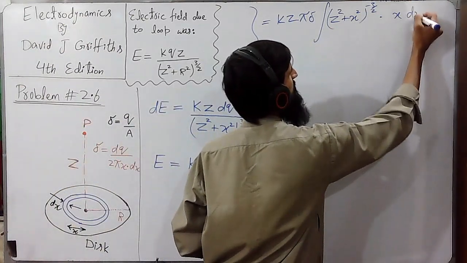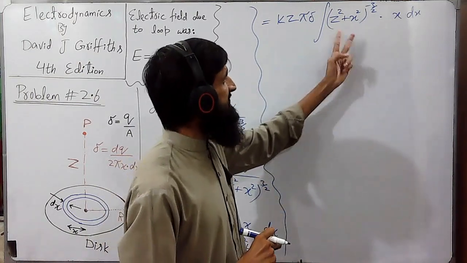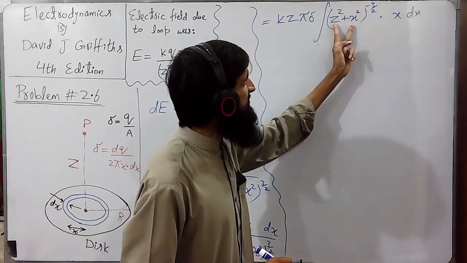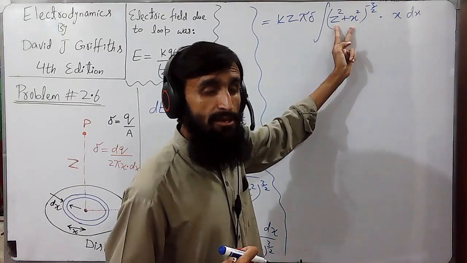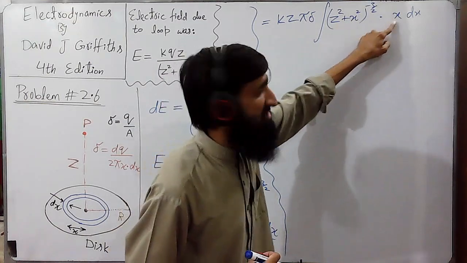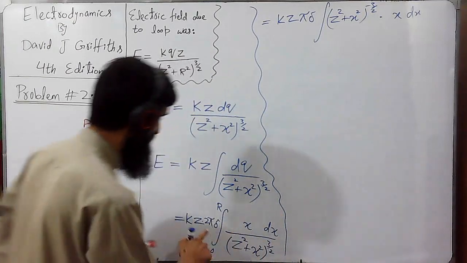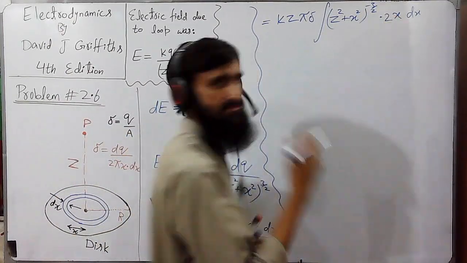Now to integrate this expression, we should have the derivative of the terms inside the bracket here. Its derivative will be 2x, but here we have just x. So to complete its derivative, we shifted this 2 inwards. So this is that 2.